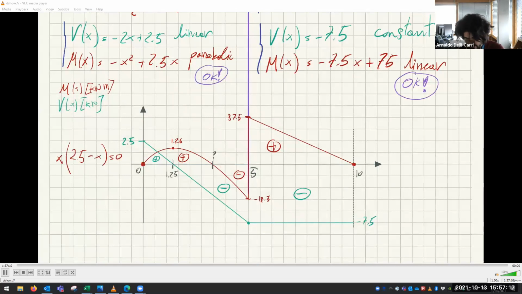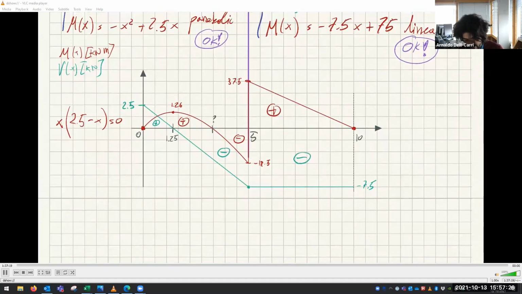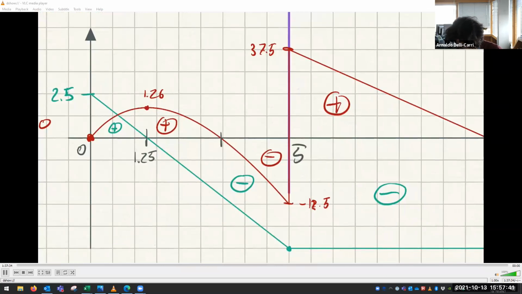If I take x as a subject, this gives the first solution. So this is 0 when x is 0, of course, we found that out. So this is the other solution. This is 0 when x is 2.5. So I know that this point here is 2.5. There you go.